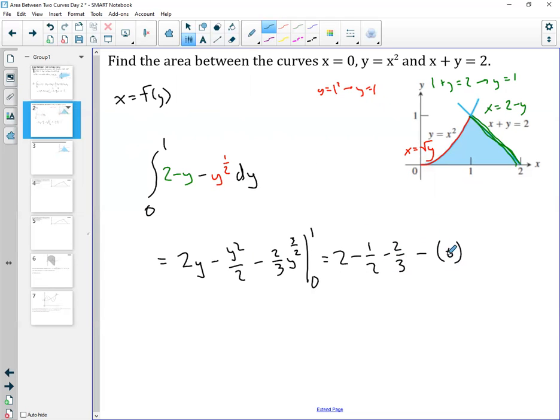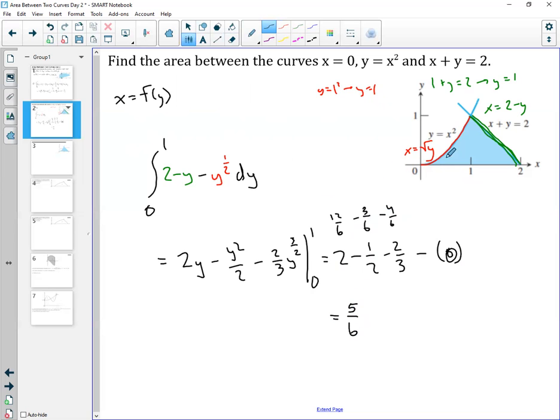All that stuff is just 0 when I put a 0 in. So let's see, this is 6 over 6, this is 3 over 6, and this is 4 over 6. Well, that's unfortunate. Oh, this is 12 over 6. Duh, dummy. 12 over 6, so it's 5/6.